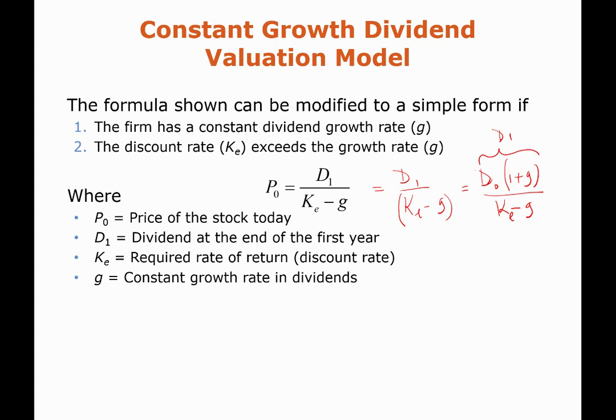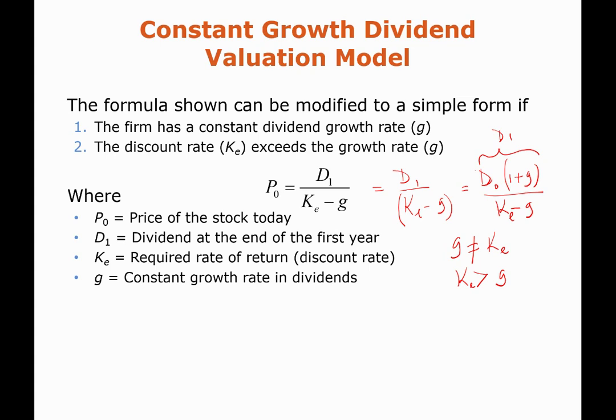Now, keeping in mind, for this formula to work, g cannot be equal to Ke, because if that was the case, then you'll end up having a zero here and it doesn't make sense. Two, for this to make sense, the Ke must be greater than the growth. Otherwise, this will end up being a negative value, which does not make sense in terms of the price of the stock.